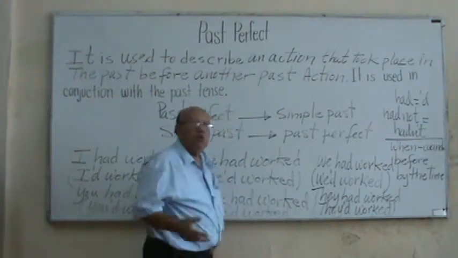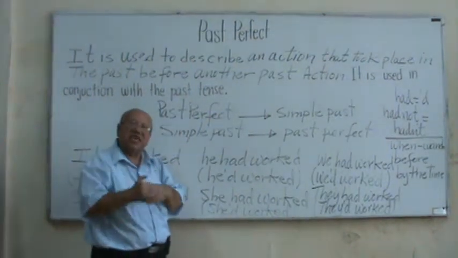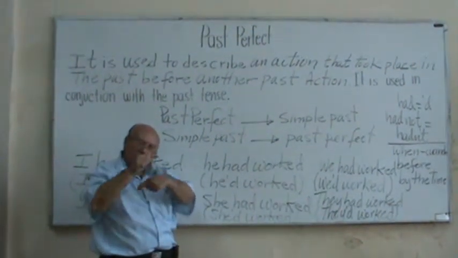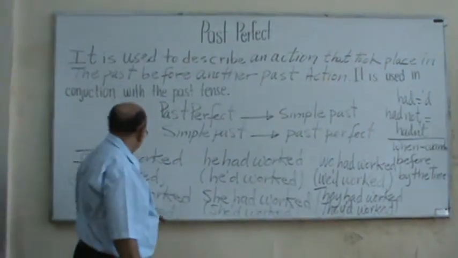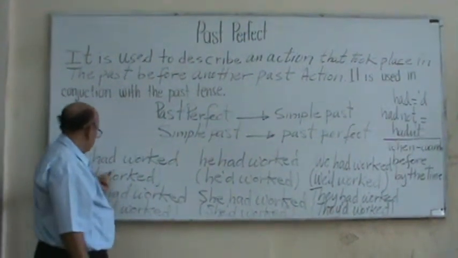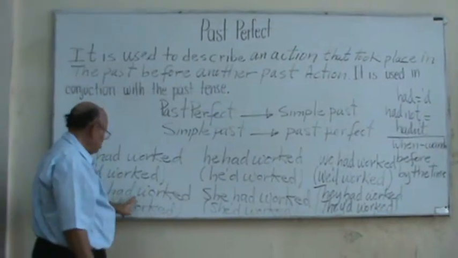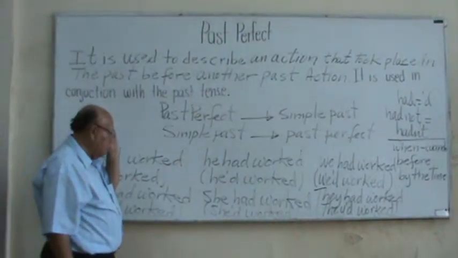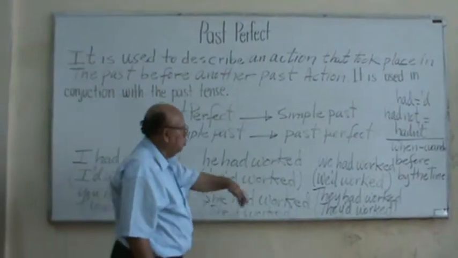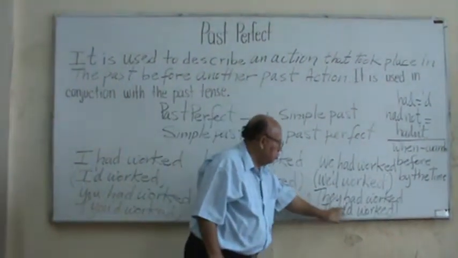In questions, we are going to use the same strategy. We are going to invert the auxiliary like this. Had I worked? Had you worked? Had he worked? Had she worked? Had we worked? Had you worked?